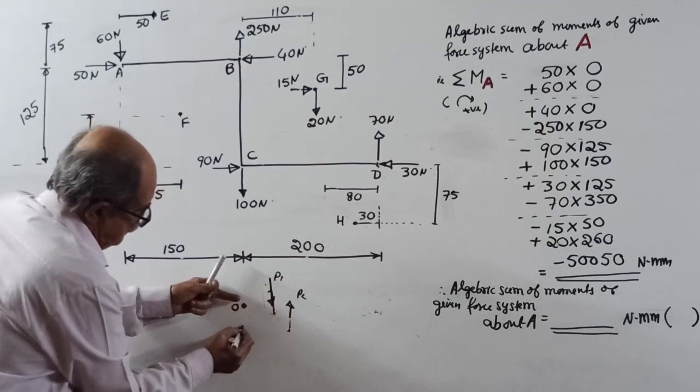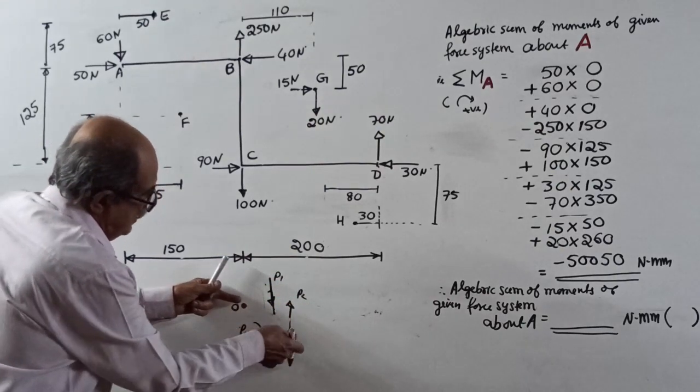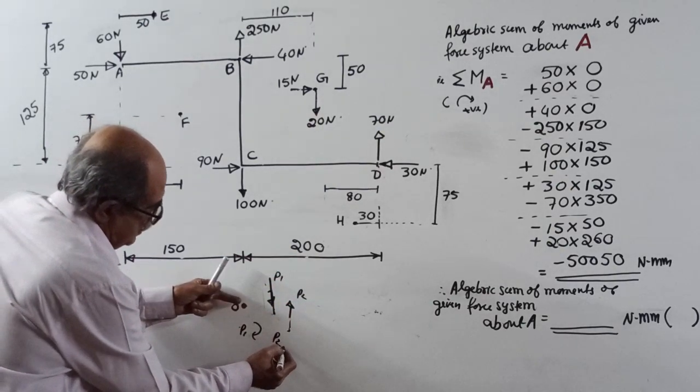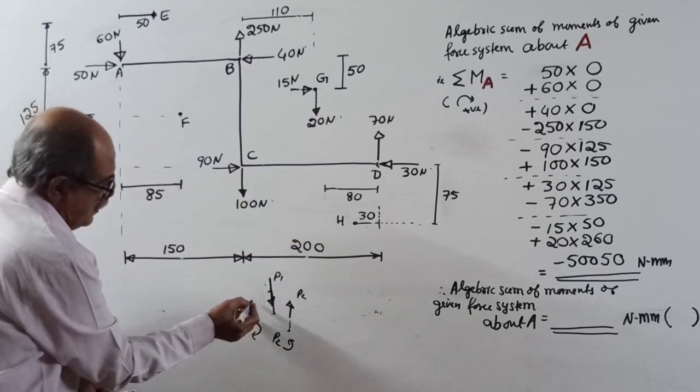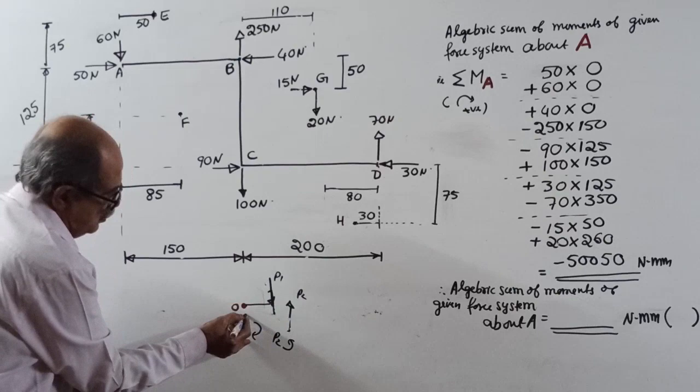P1 will give clockwise, P2 will give anti-clockwise. And the distance is for P1 this distance, for P2 this distance.